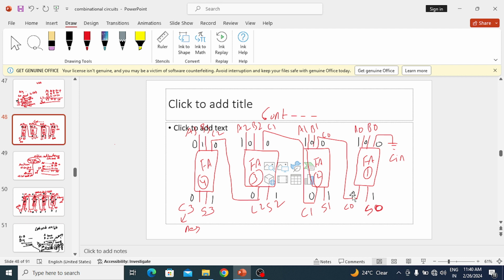If we know the previous carry, we can know the next carry. That is the logic. So this is one point we observed.